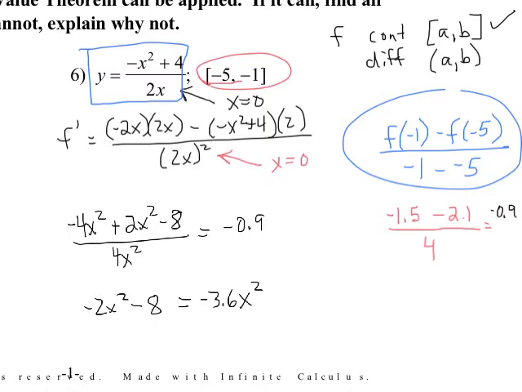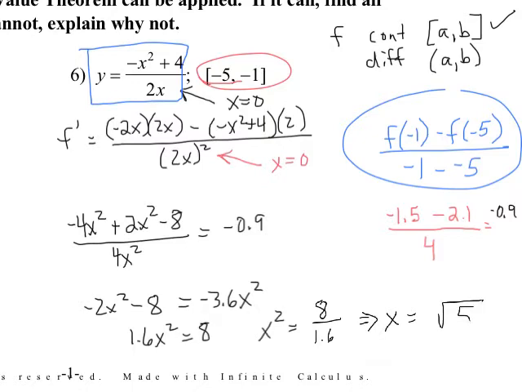Subtract 2, add 2, get 1.6 x squared is equal to 8. X squared is equal to 8 over 1.6, so x is equal to plus or minus root 5. And the positive root 5 is not in our range, so the only viable answer is the negative root 5.